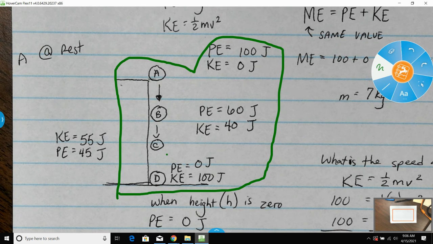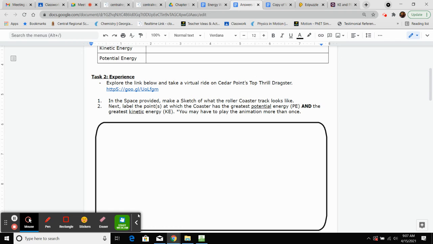So gravitational potential energy depends on the position of the object. The higher it is from a surface, in this case the ground, the greater the potential energy is going to be. So where do you think the most potential energy is going to be on a roller coaster? At the very, very top. Okay, good. And then where do you think kinetic energy would be the greatest? Yeah, it's essentially the opposite. All right, cool. So let's click and let's watch.